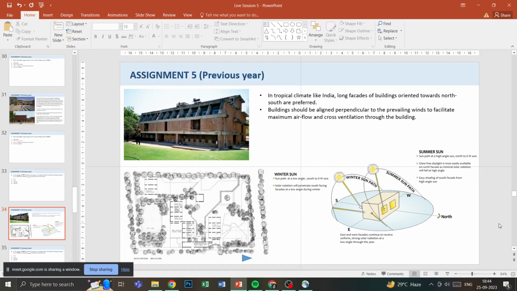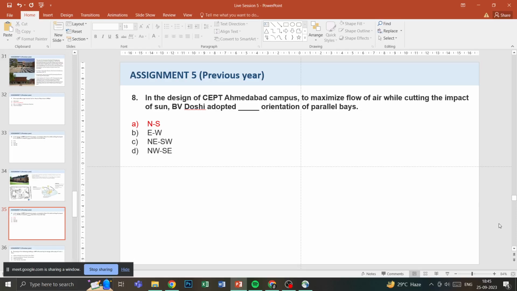In the case of Ahmedabad, the prevailing wind is from the west and southwest direction, which is almost perpendicular to the orientation given here, which is why this orientation makes sense in terms of both sun and wind. So our answer is north-south orientation.